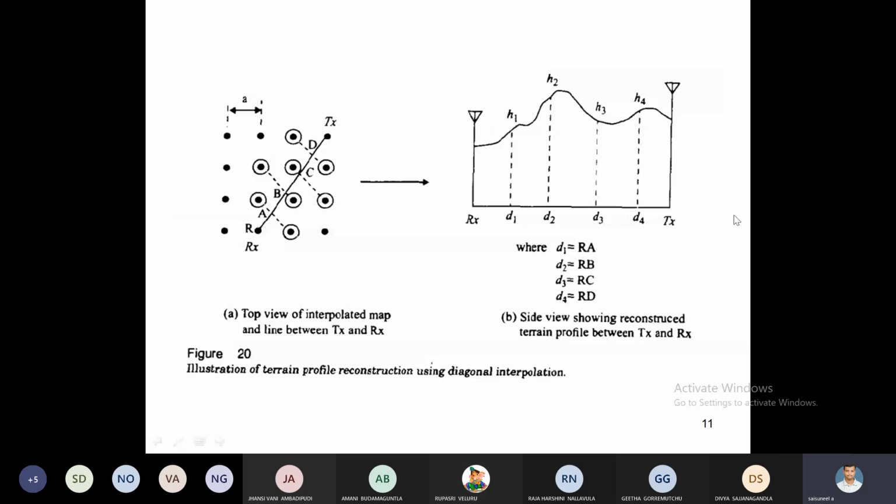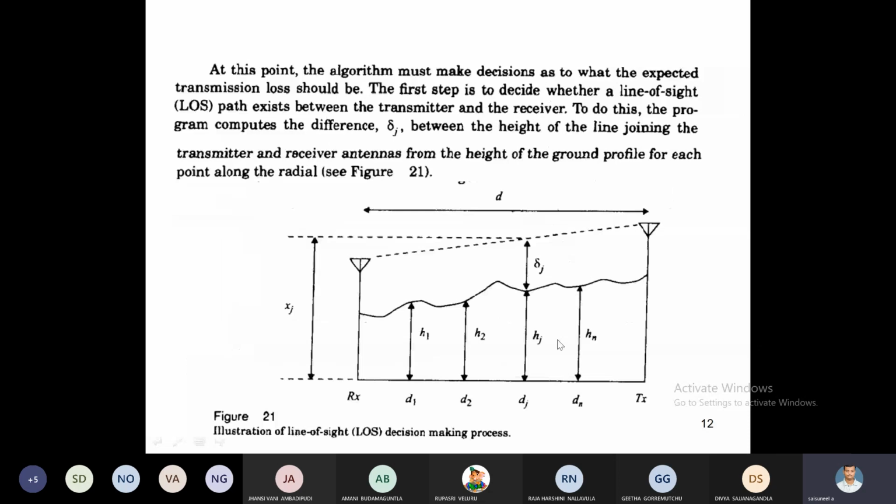That is, see this one. This is H1, H2, like this, a number of obstacle heights are between transmitter and receiver. See this one. Now I'm increasing the transmitting antenna height, then automatically the line of sight path is coming. Here, how much the antenna height is increased depends on the delta h value.